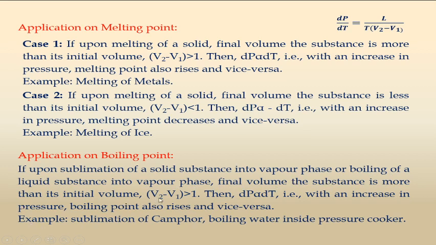So V2 is always found to be greater than V1. In that case, dP is proportional to dt. It means that with an increase in pressure, boiling point also rises, and vice versa. Examples are sublimation of camphor, or boiling water. The inside of a pressure cooker is another best example for this case.